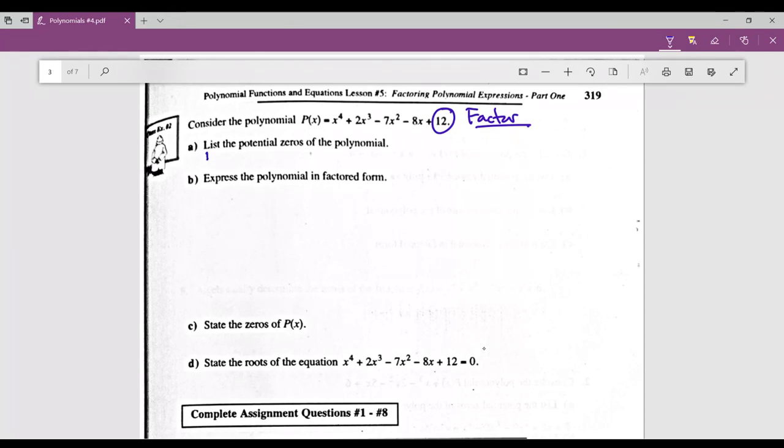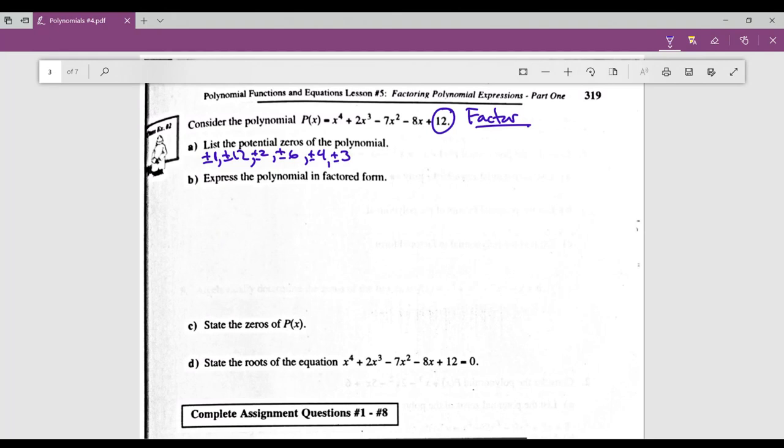Well, always do plus minus. We could go 1 times 12. We could also go plus minus 2 times 6. And 4 times 3 again. And you always do plus minus, because negative 4 and negative 3 will give you positive 12. That's why it's always plus minus.